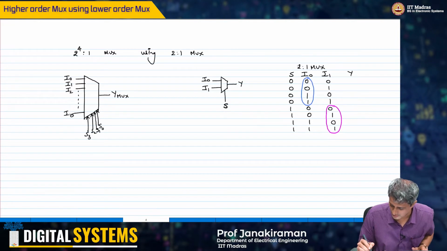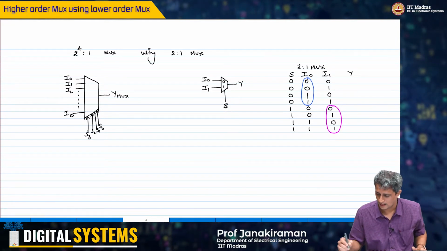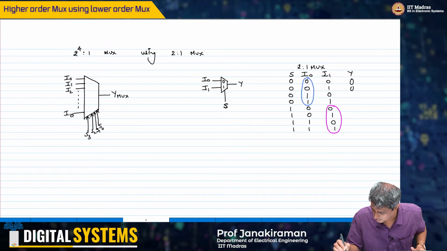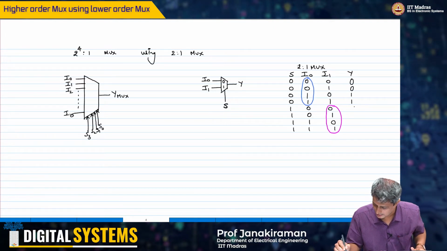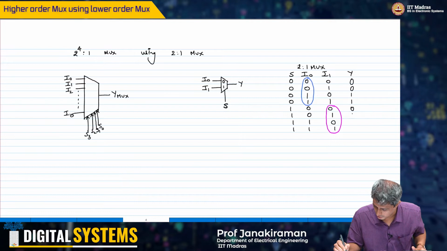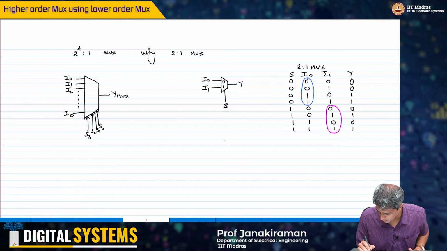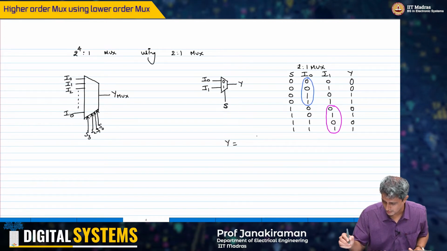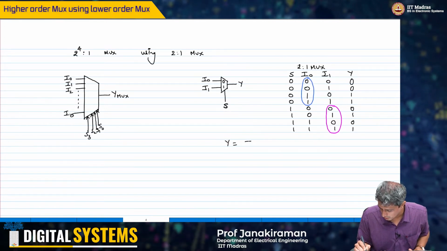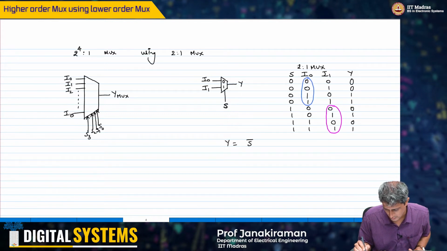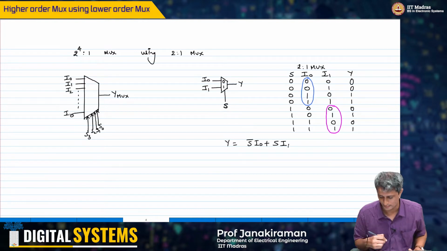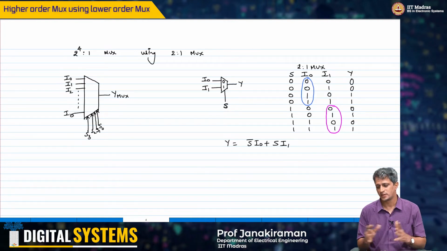This is what it is. And if you do the Boolean simplification, you will see that Y is equal to S bar into I0 plus S into I1. So this is what we have.